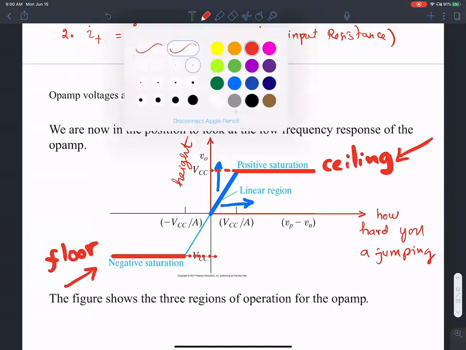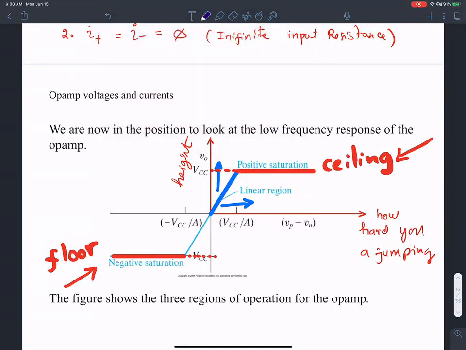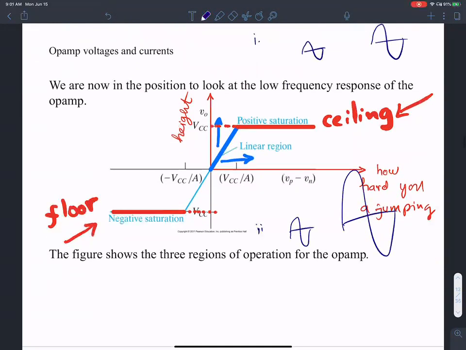Similarly, if the input is high, the output is high. This is case one. In case two, if you increase the input, the output is going to be much higher. If you continue to increase the input, then you're going to hit the ceiling or hit the floor.